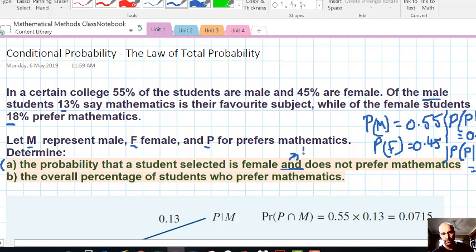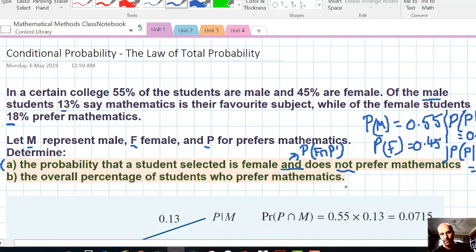So we are chasing the probability of somebody who's female and does not prefer. There's the negation. So we're going to use the complement. So it's F intersection P apostrophe, because that's one of the symbols we can use to talk about the complement, or the negation, the not. So that's what we're chasing.